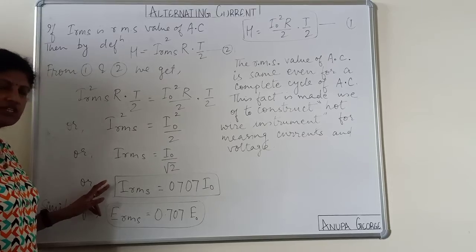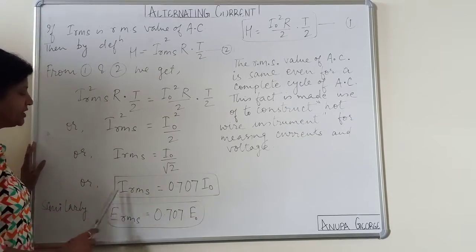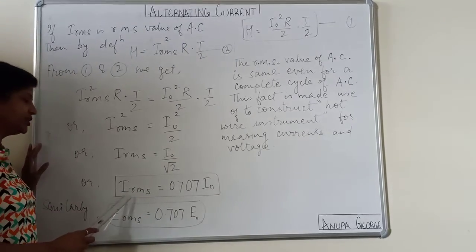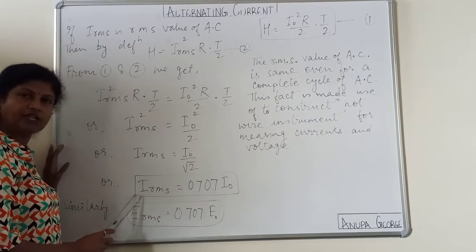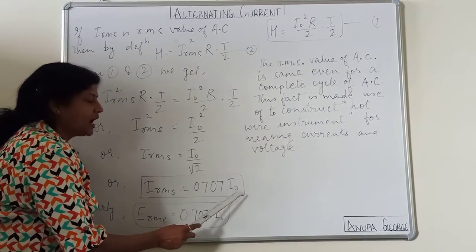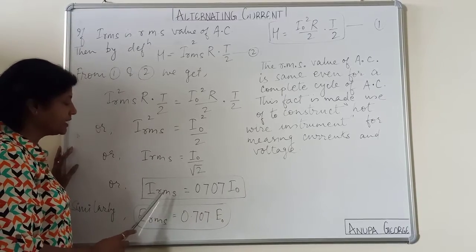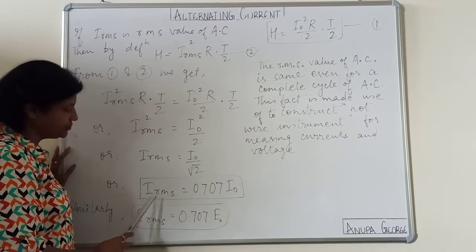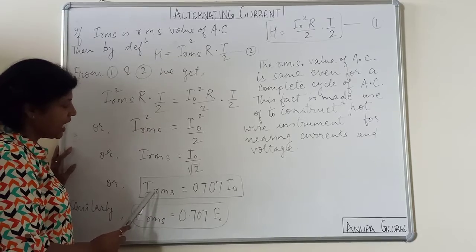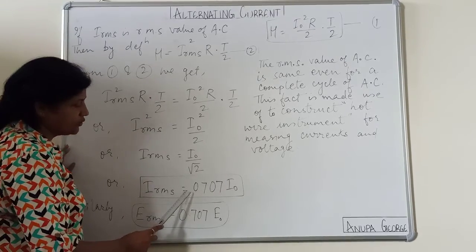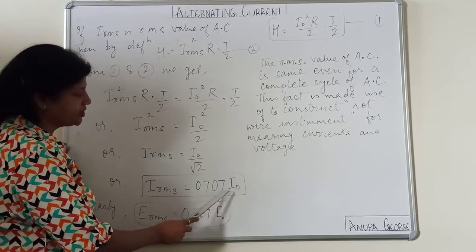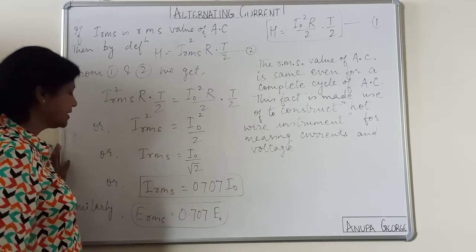This equation is a relation between RMS value of alternating current and peak value of alternating current, that is I RMS is equal to 0.707 I naught.